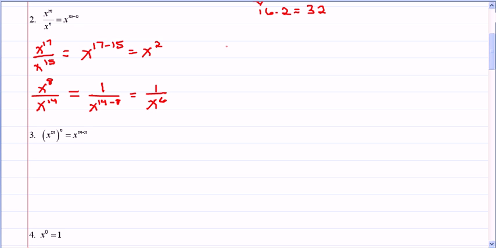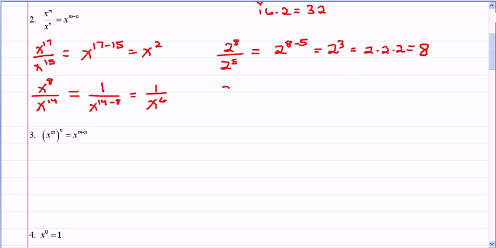Another example would be 2 to the 8th over 2 to the 5th. And if you subtract the exponents starting with the larger one, 8 is in the numerator, so the difference would be in the numerator. We get 2 to the third, and 2 to the third is equal to 8.